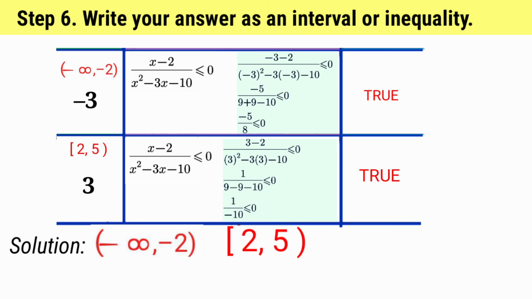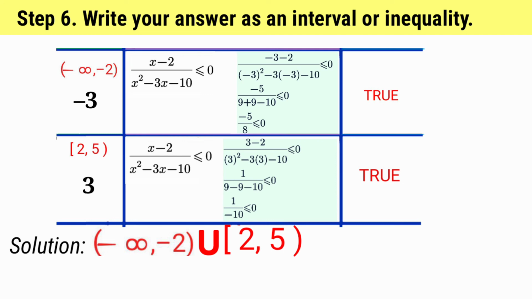To combine these two sets of values, we have the union of the open interval negative infinity to negative 2 and the left closed, right open interval positive 2 to 5. What does it mean? It means all the elements belonging to either or both intervals satisfy the given rational inequality.